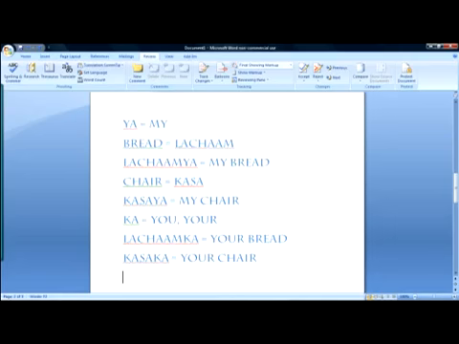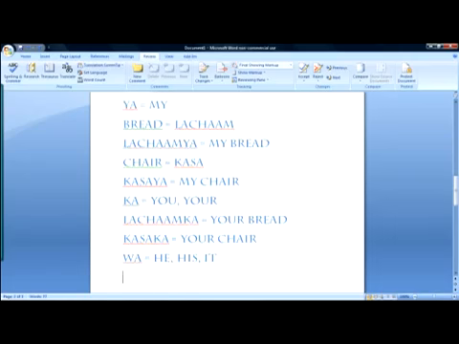Now the next one we're going to deal with is the letter wa. The letter wa at the end of a word means he. It could also mean his, and it could also mean it. I want to show you some examples of that, but if we have a chance at the end of this lesson, I'll go back to this, because there was something I wanted to show you, brothers, if I get a chance. So I'll just give you a quick example.